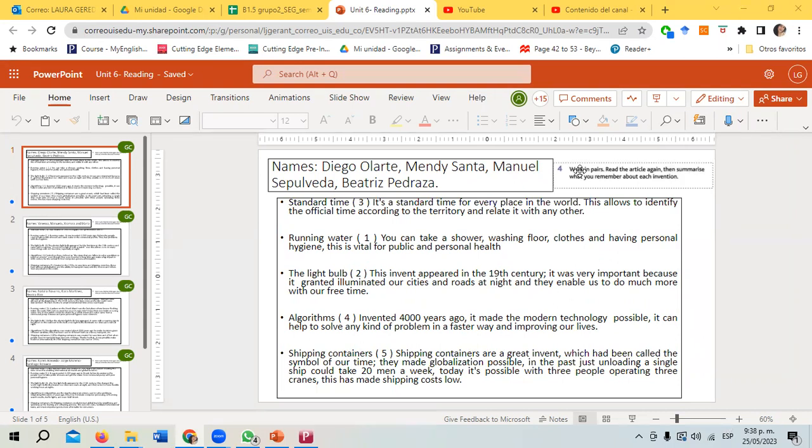With running water, it was possible to have good public and personal health. It's also something that we use every day, like having a shower or washing floors. So it's the most basic and most important thing in our lives. That was the reason.